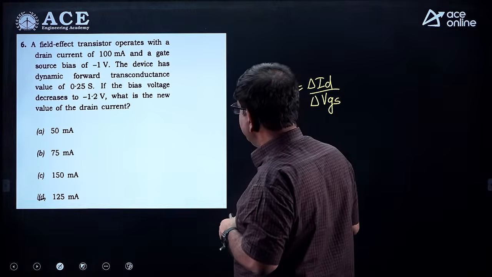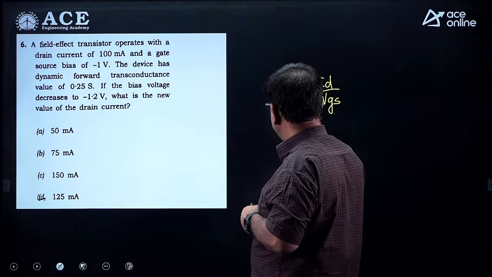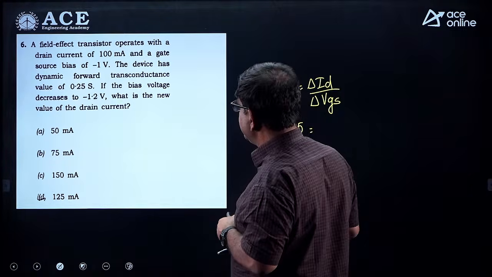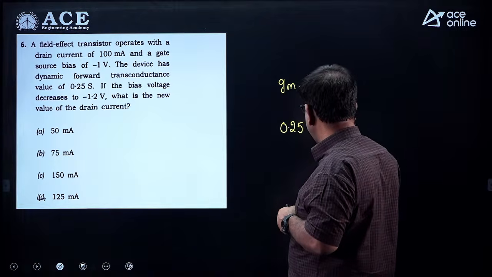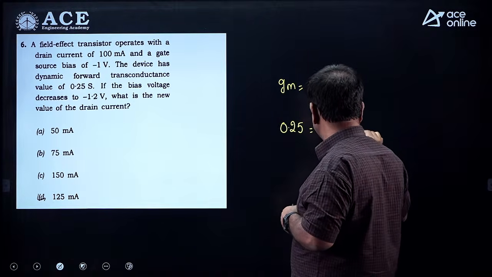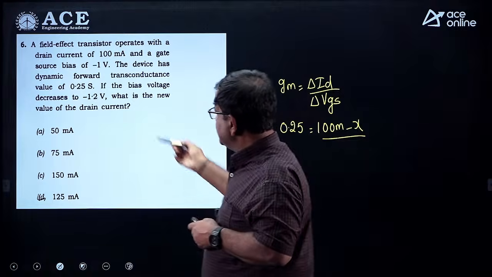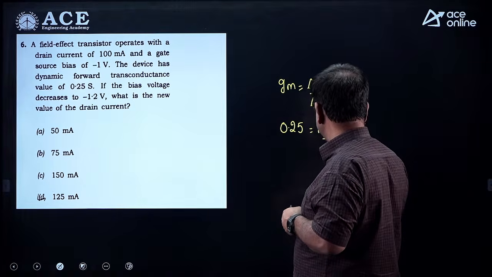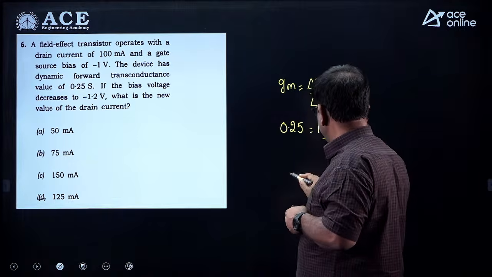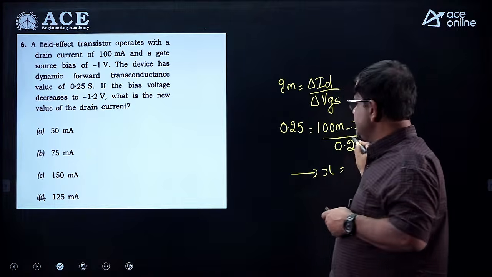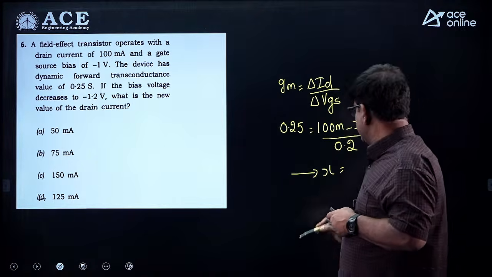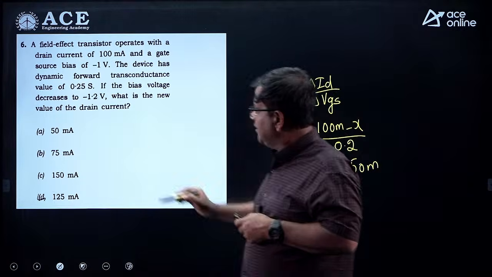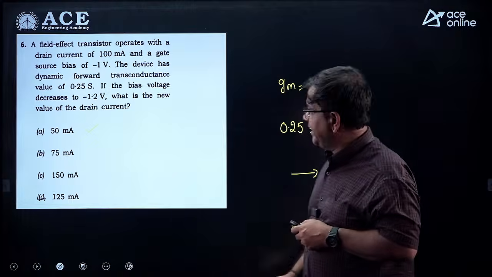Let us substitute 0.25. The change in ID, you can say ID1 minus ID2, suppose it is 100 milli minus X. The change in VGS is between 1 and 1.2, so it is 0.2. So, if you substitute, the value of X, which is the new drain current, is going to be around 50 milliampere. So, 50 milli, option A is the right answer.